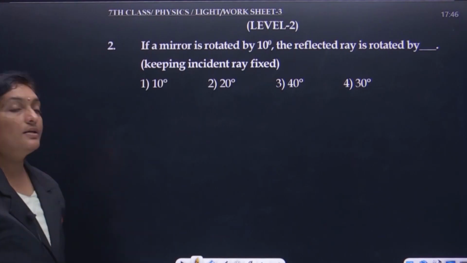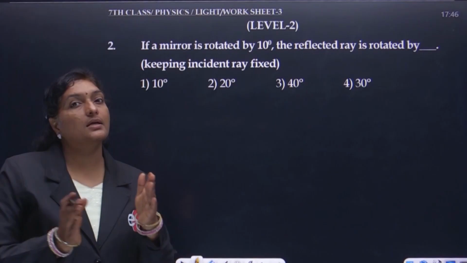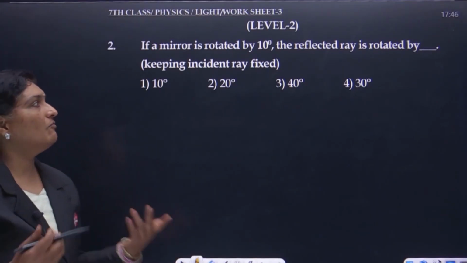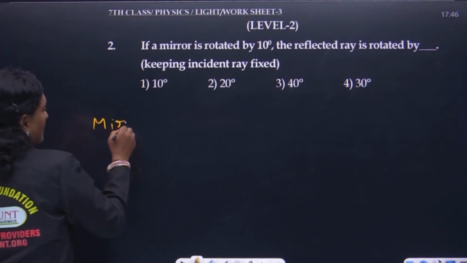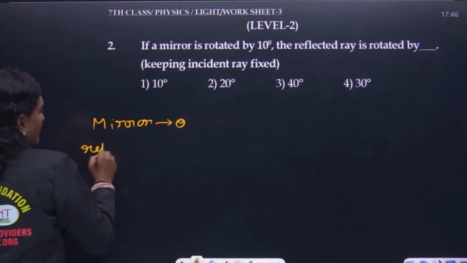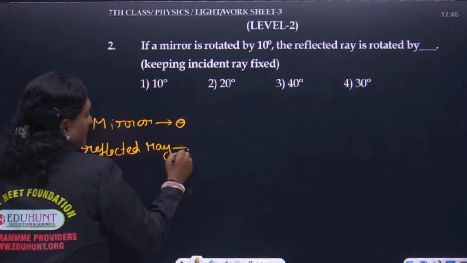If a mirror is rotated by 10 degrees, the reflected ray is rotated by what angle? Just now we have discussed that whenever a mirror is rotated by an angle theta, the reflected ray turns by an angle 2 theta.